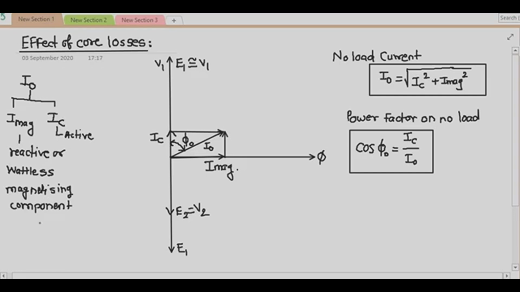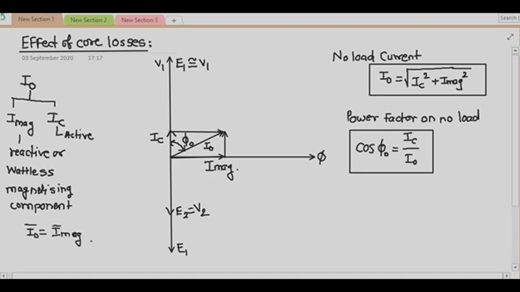So I naught is nothing but the vector sum of I magnetizing and IC. What is I magnetizing? The component of no load current which is required to set up the flux. That component is also called a reactive or wattless magnetizing component. It is responsible for producing the magnetic flux and hence it is in phase with the flux.